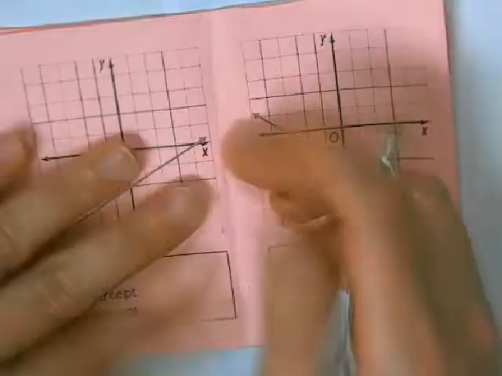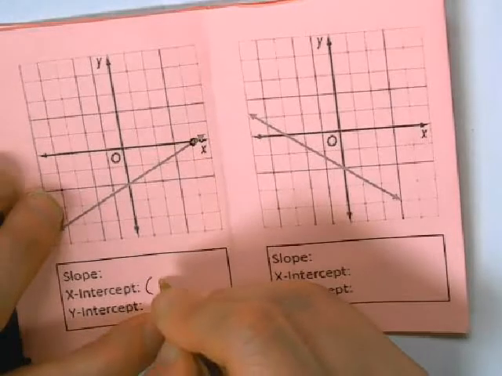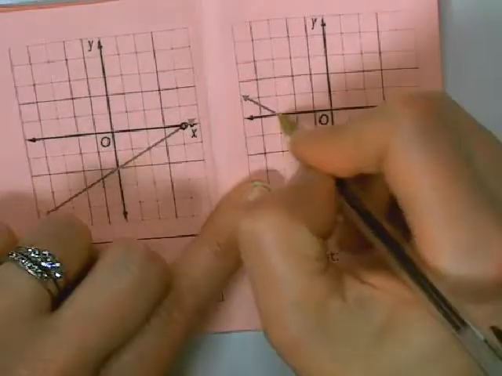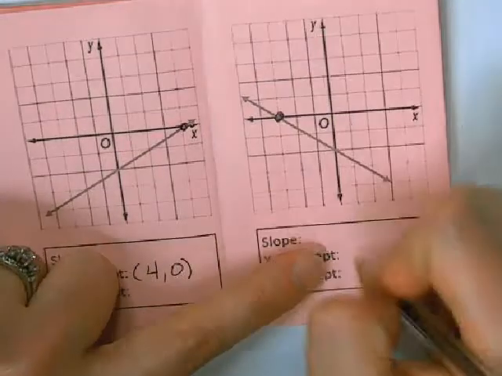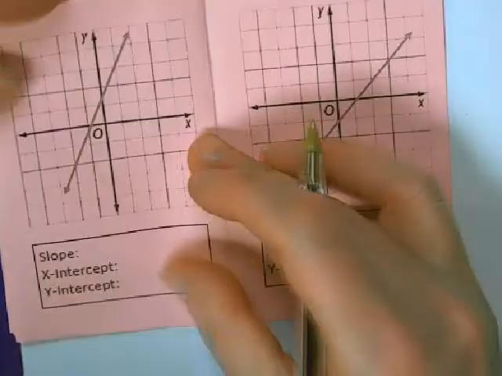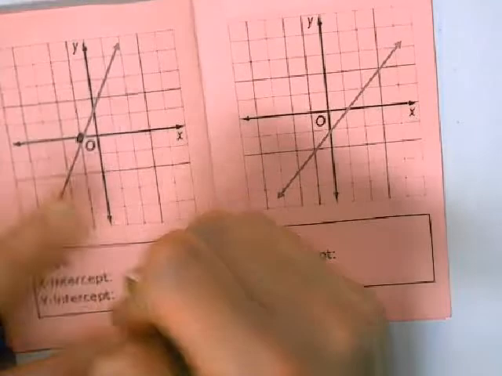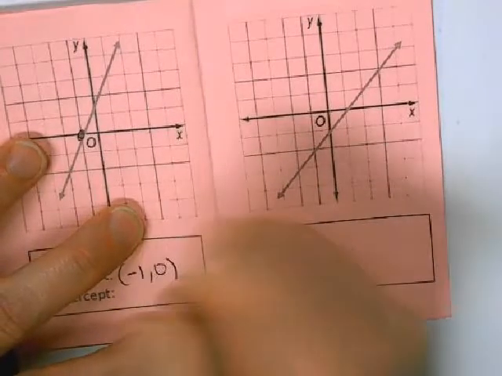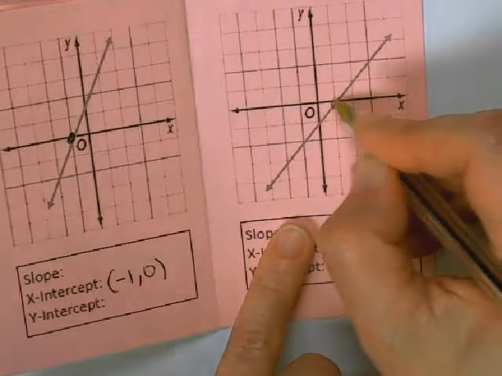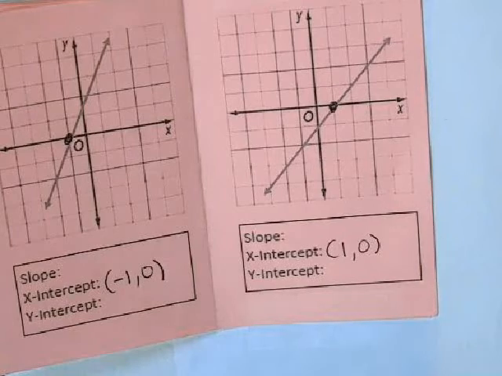Next page. This one touches the x-axis at 4, so this is 4, 0. This one touches the x-axis at -3, so it's -3, 0. This one touches the x-axis at -1, it's a little off, so -1, 0. This one touches the x-axis at +1, so it's 1, 0.